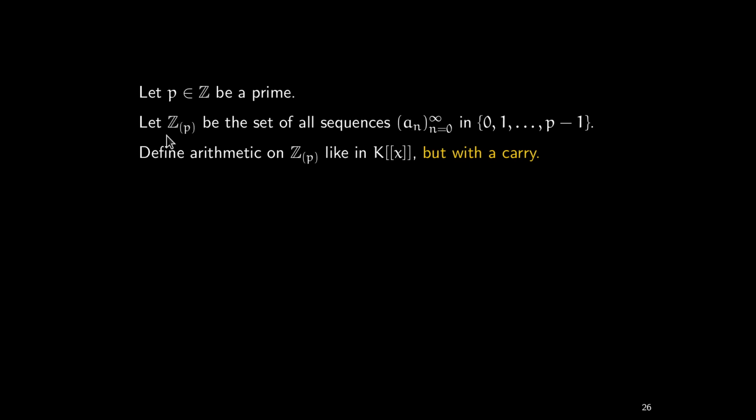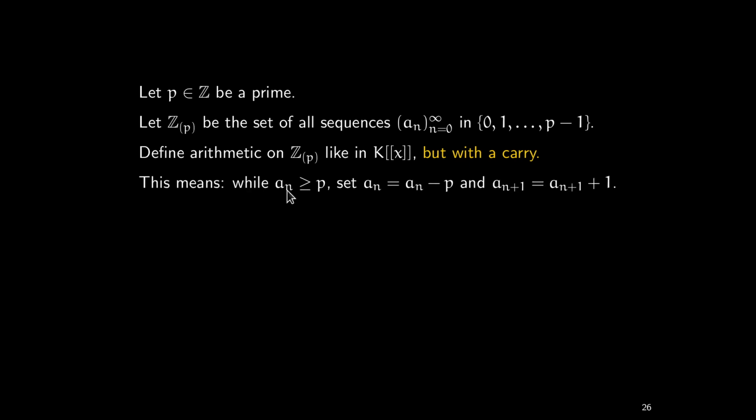And now we want to turn this into a ring by defining arithmetic on this set in the same way as we define arithmetic over the power series ring, but of course with some difference, because otherwise we get the same ring. The difference is that we do the addition with a carry. A carry in German is Übertrag. If you have an overflow in one of the digits, then you reduce the overflow and put something into the next digit.